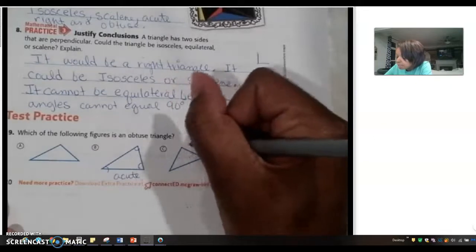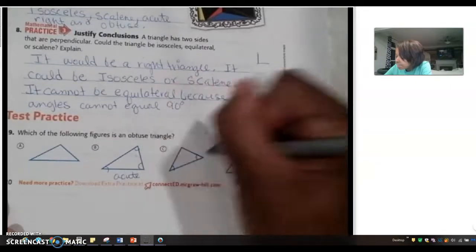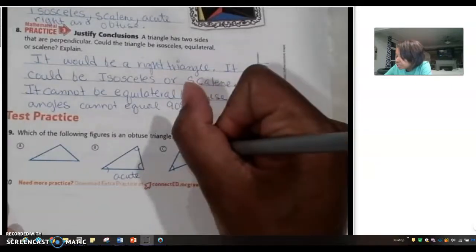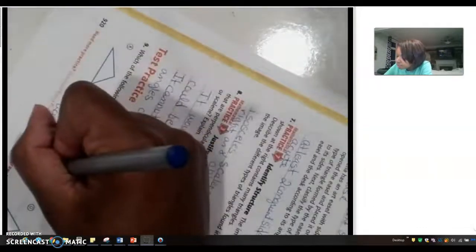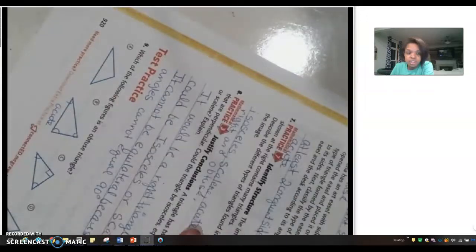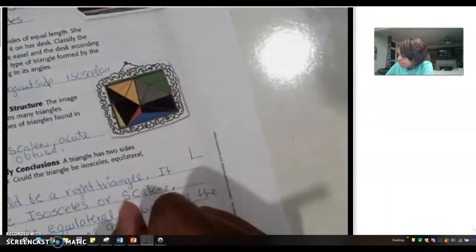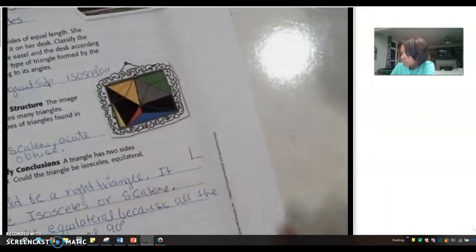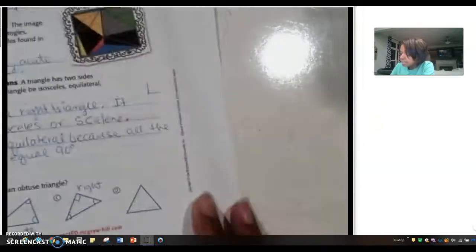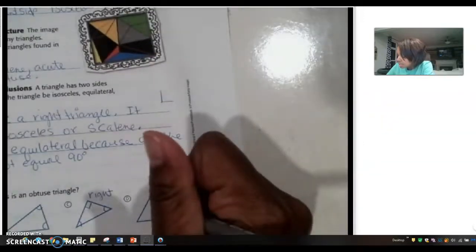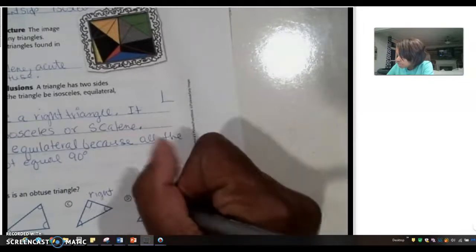All right, but I'm going to look over here, and again, I see acute, acute, and then again, another angle over here, but this angle appears to be 90 degrees right there. So if this is a 90-degree angle, then this is a right triangle. All right, and then looking at this one, I notice again, this is acute.